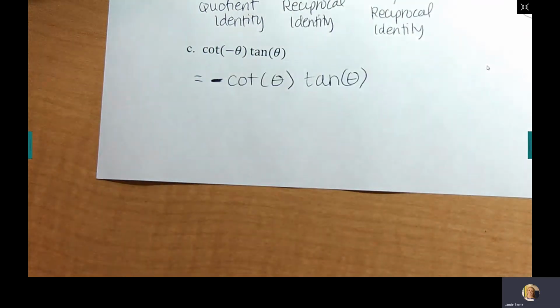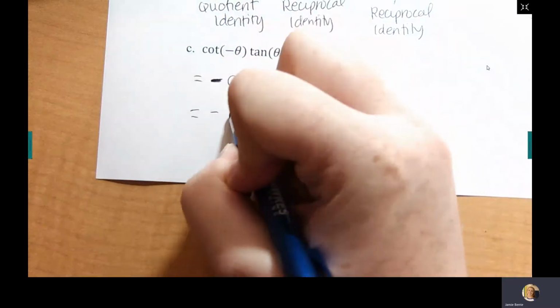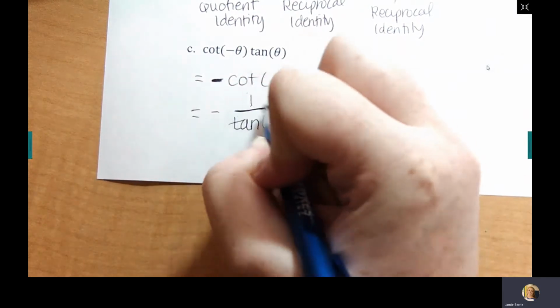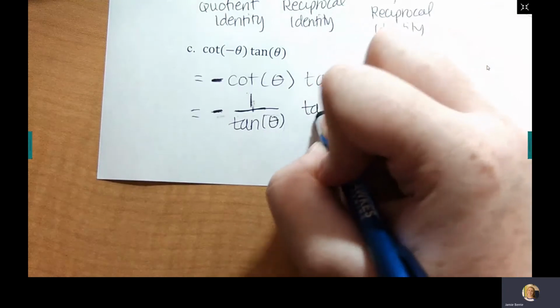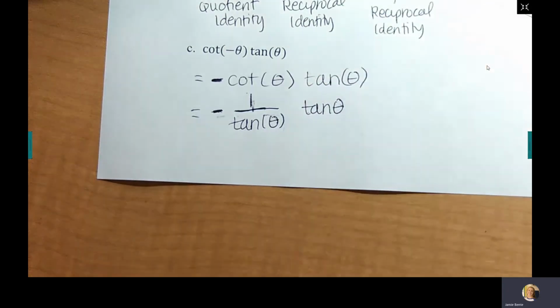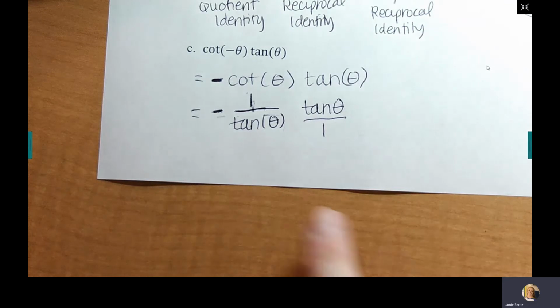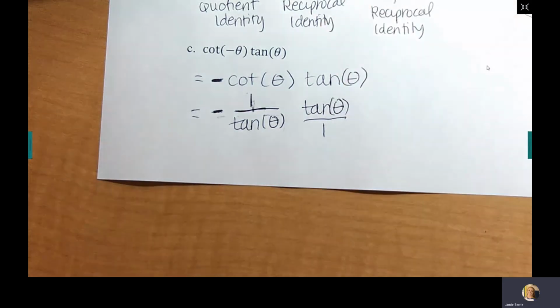Now, like I said, cotangent and tangent are reciprocals, so we could rewrite cotangent as 1 over tangent. Keep that negative out front. Again, we can pretend like this is tangent over 1. Tangent in the top cancels with tangent in the bottom.